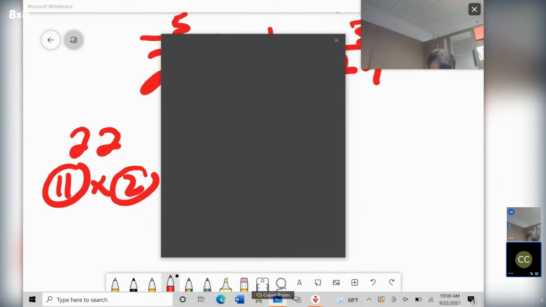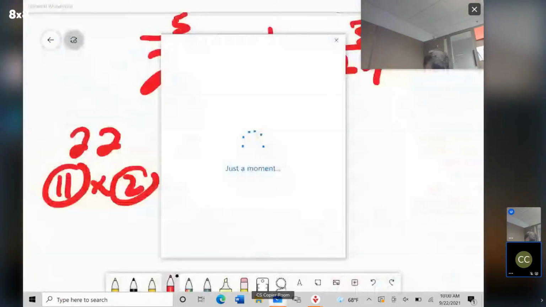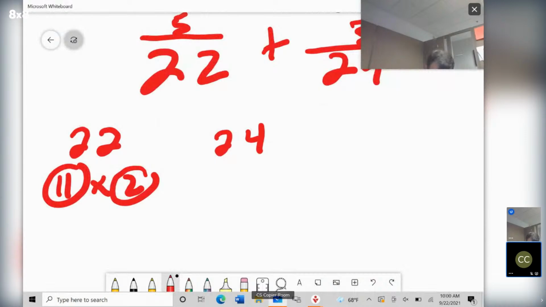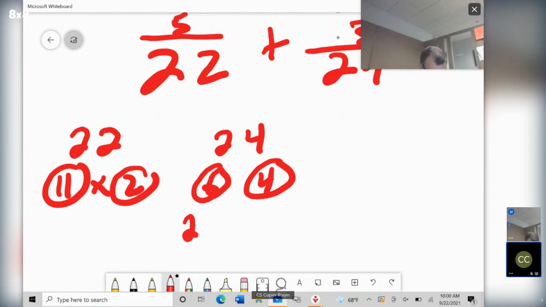For 24, we'd have 6 and 4. Neither one of those are prime numbers, but we can keep going. For 6, it's 2 times 3, and 4 is 2 times 2.